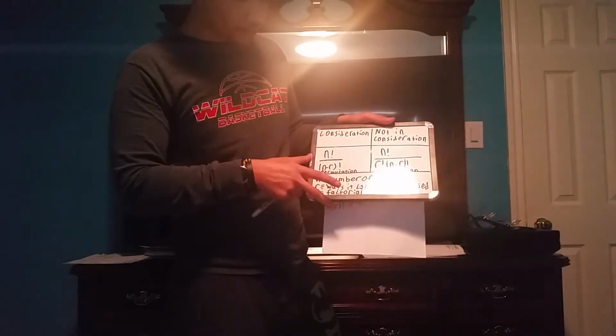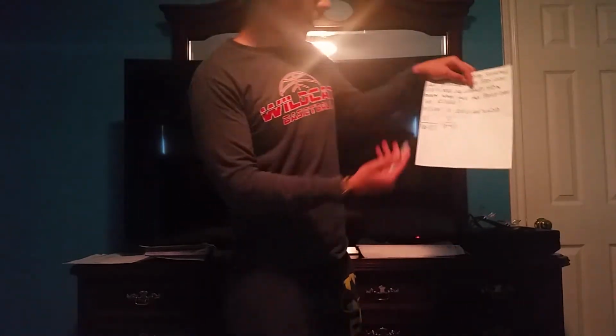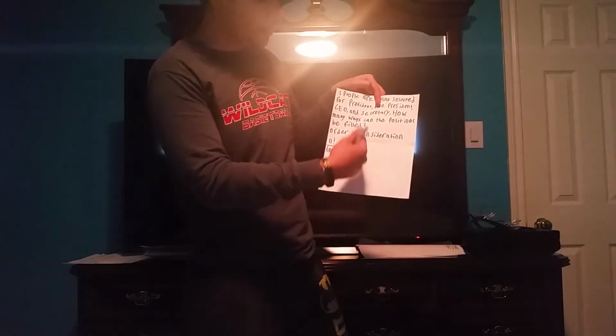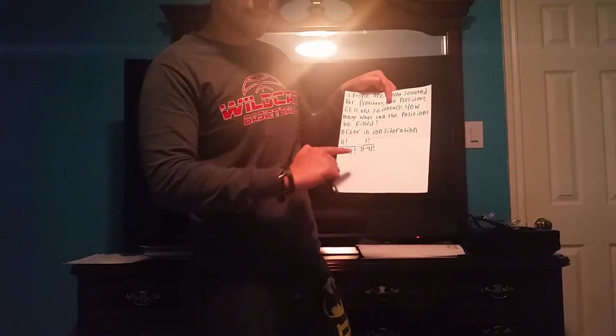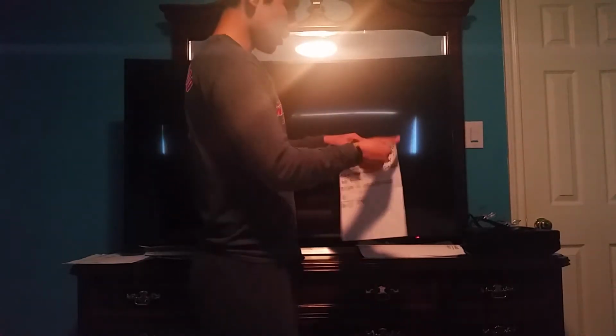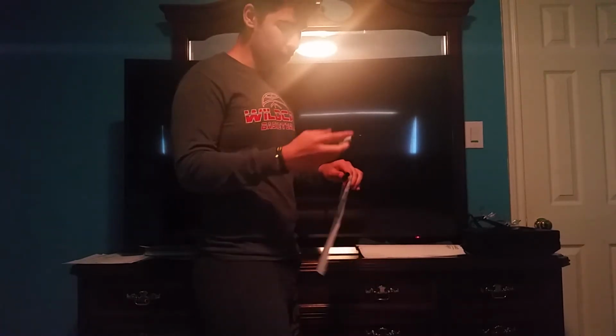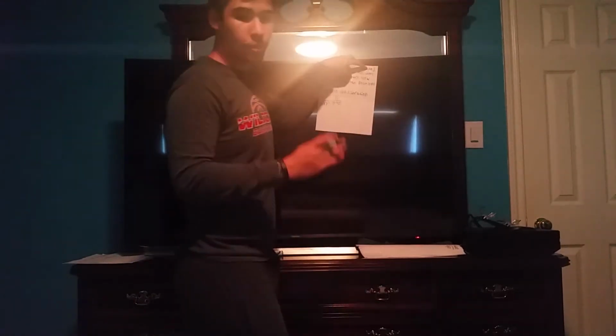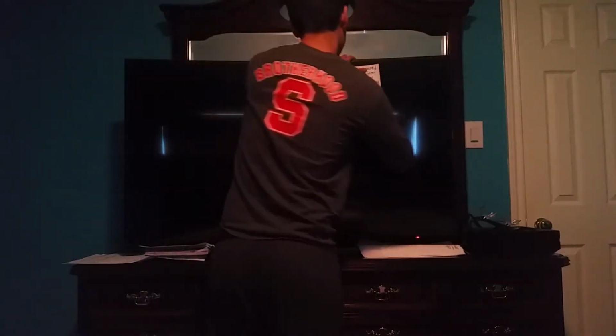We have n factorial over n minus r factorial. I already wrote it down again, and then wrote it again with the numbers in place of the variables. So we have 5 factorial over 5 minus 4 factorial. Let's go ahead and solve this one. We have 5 factorial in the numerator, and 5 factorial, just like earlier, is 120.